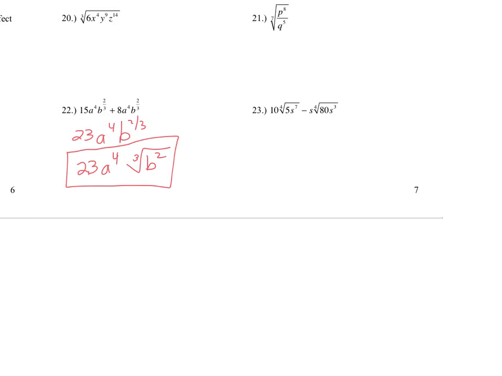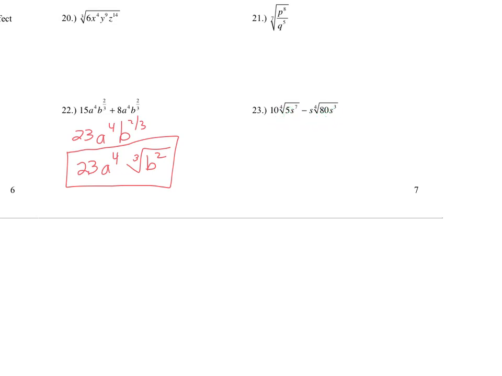Number 23 says 10 times the 4th root of 5 times 7 to the s power minus s times the fourth root of 80 times s to the third power. So I'm not ready to subtract yet because my radicands do not match. I've got the fourth roots, I've got a variable outside here, I don't have a variable outside there, and these radicands aren't the same.